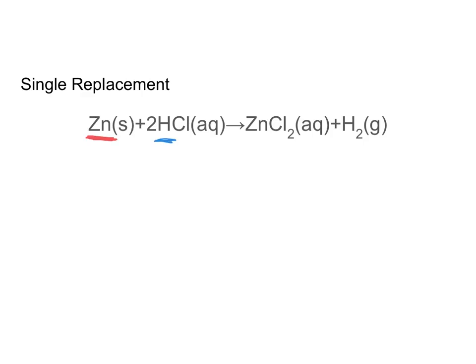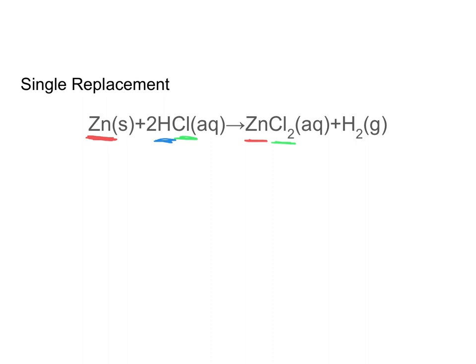I've got hydrogen and I've got chlorine, two separate elements that are bonded together to make a compound here. And if I look over on the other side, I can track what I have for my elements. I've got zinc over here, but now zinc is bonded with my chlorine, two separate elements bonded together to make one compound.